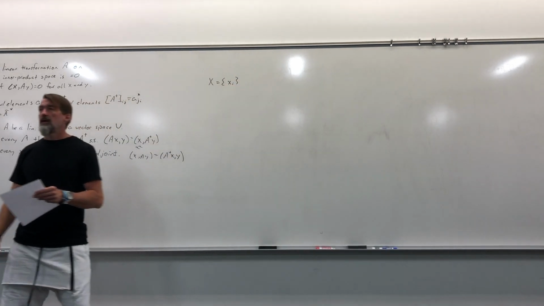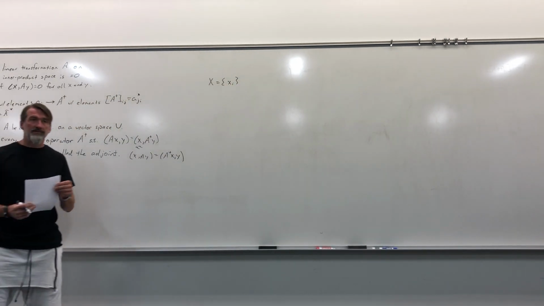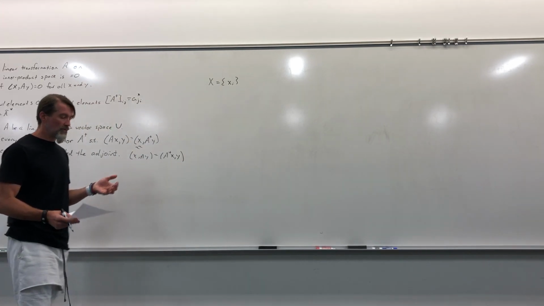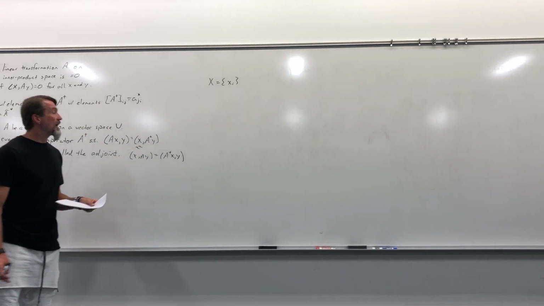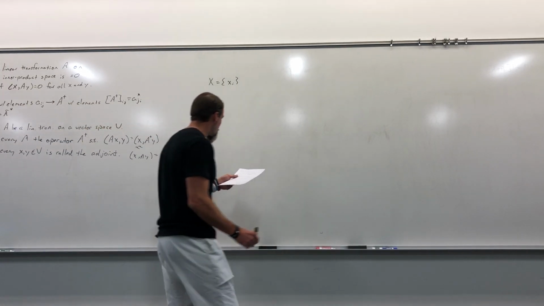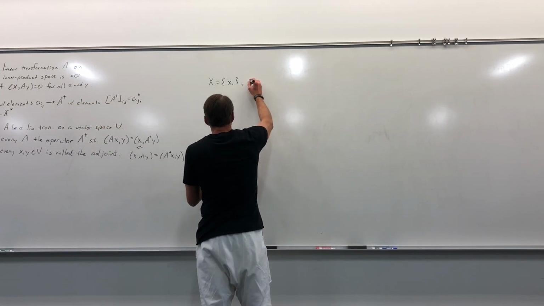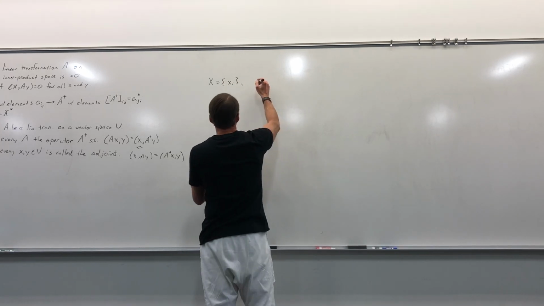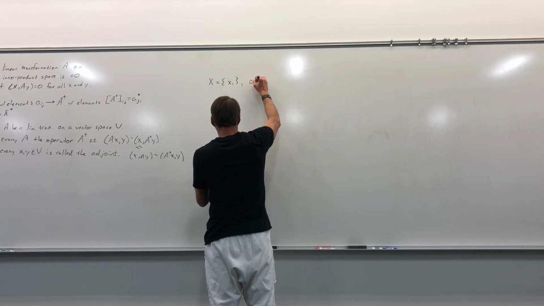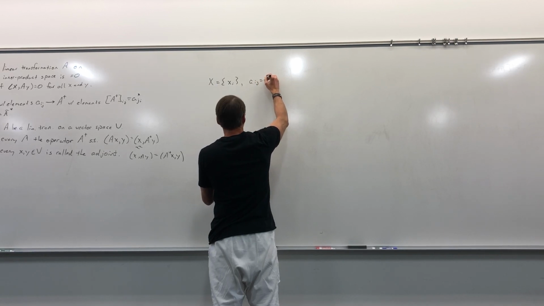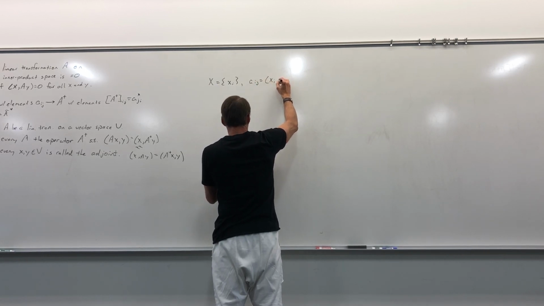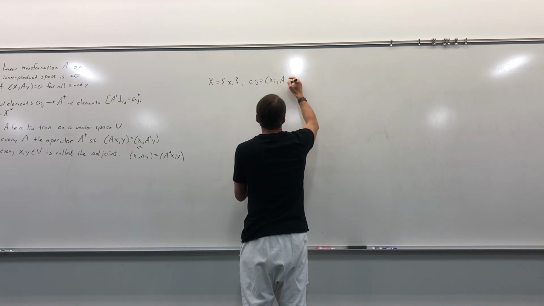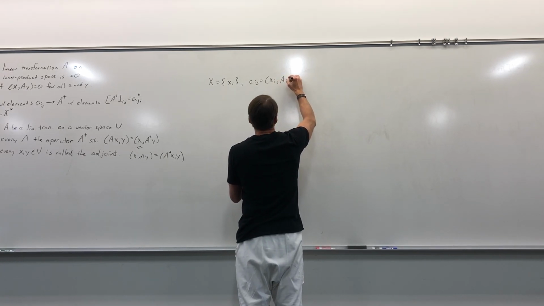Remember, how your matrix appears depends critically on what basis you're using to express it. So I'm just going to pick an orthonormal basis to express the elements of my matrix. And this is an orthonormal basis set. Then the elements of my matrix are inner products of basis element i with A acting on basis element j.